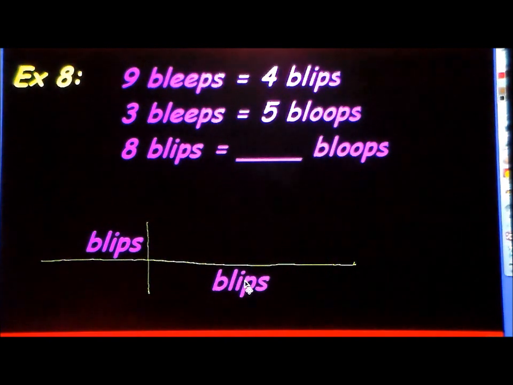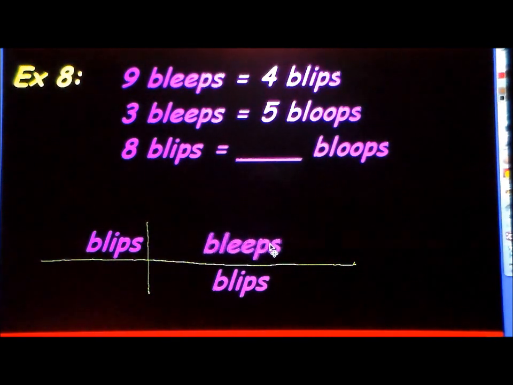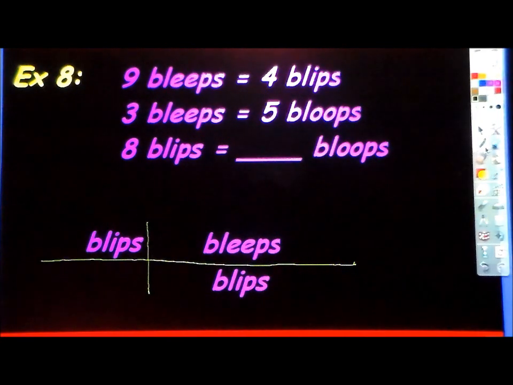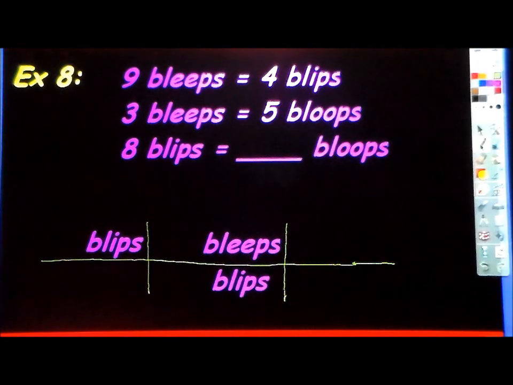But the only thing I know about blips is bleeps. So if this is going to be blips down here, I've got to put bleeps up here because I'm going to use this first equivalence to make a fraction. Well, that's fine and dandy, but it doesn't give me bloops. So we're going to have to do another step, just like we did with hours to seconds, to tell us how many bloops we need.